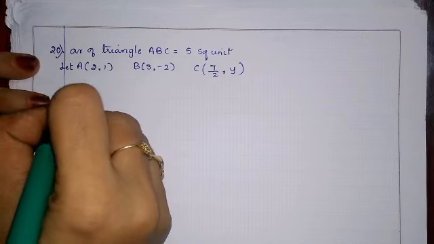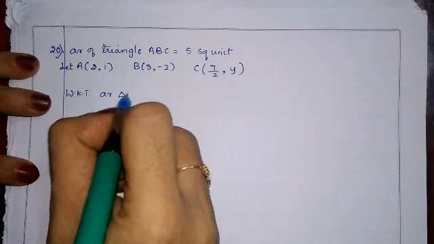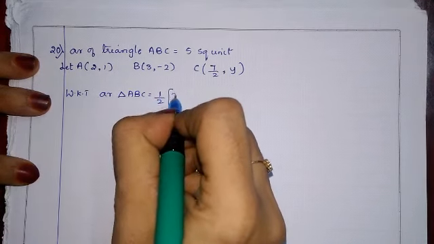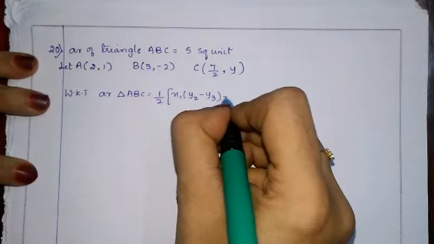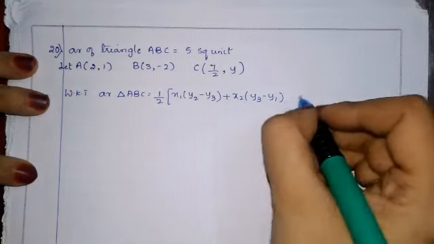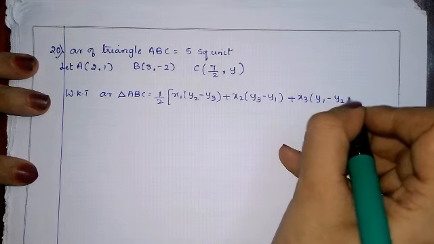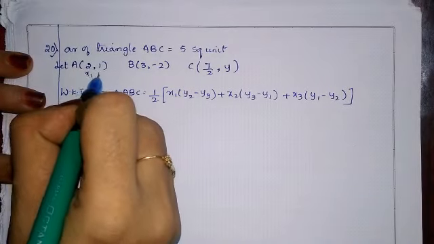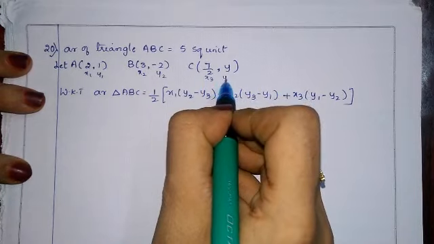Okay, we know that area of triangle ABC is equal to half of x1 (y2 minus y3) plus x2 (y3 minus y1) plus x3 (y1 minus y2). We know this formula. The first point is x1, y1, then x2, y2, and x3, y3.